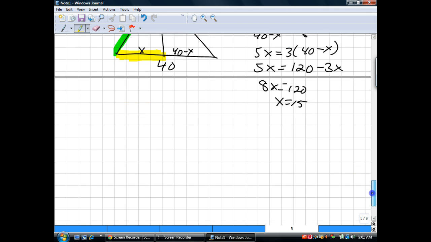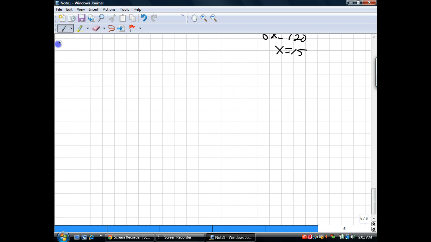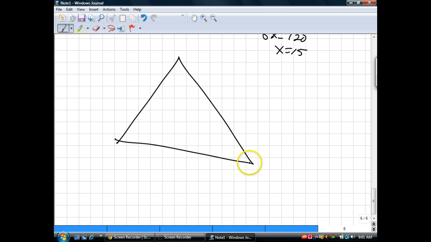Okay, so let's do one more example like that. So let's say that I have this triangle, and this is an angle bisector, and I know this is 18, this is 24, this is 12, this is x. So I can set up 12 is to x as 18 is to 24.